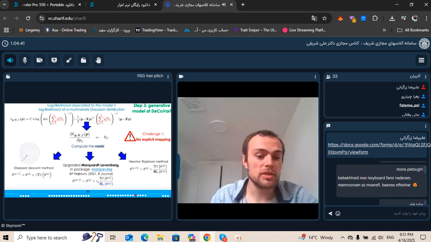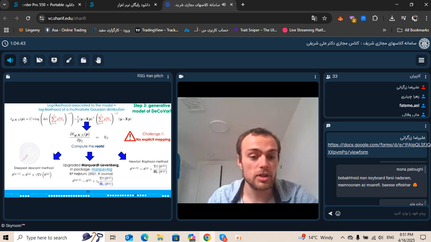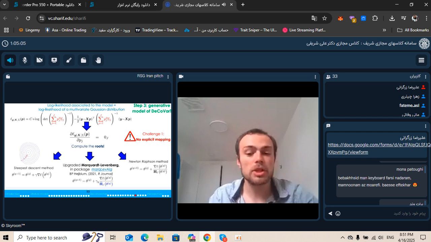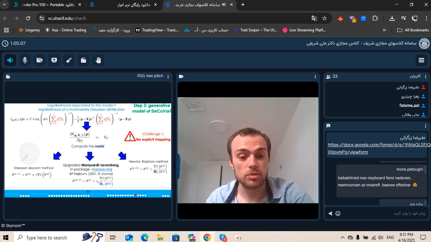The good thing, if you have an explicit form of the log likelihood of your distribution, is that you may derive an explicit form of the gradient, and I was able to do so. However, quickly, another challenge arrives. I was not able to derive an explicit form of the mapping of the gradient, in other words, how can I retrieve the scalar ratios for which my gradient cancels out.